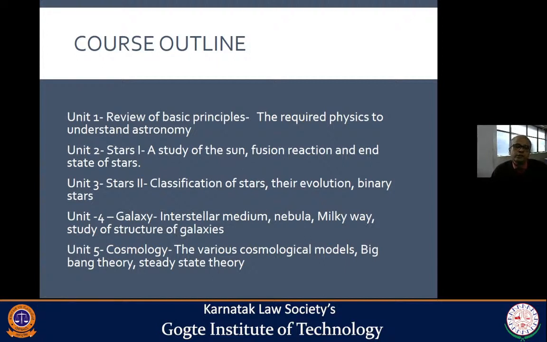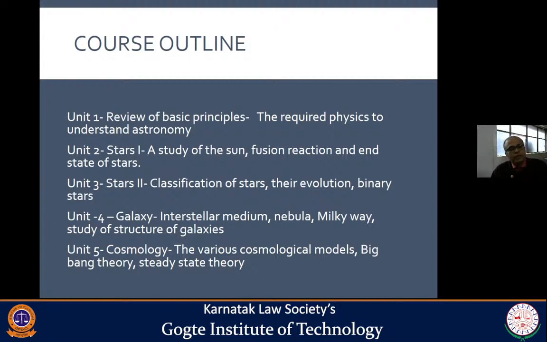The fusion reaction takes place at the core, but then the heat generated at the core gets transmitted to the outer regions, and after the outermost layer of the sun, it gets emitted into space. There are different processes that happen in this entire journey of energy from the core of the sun to outer space. So we will look at this.